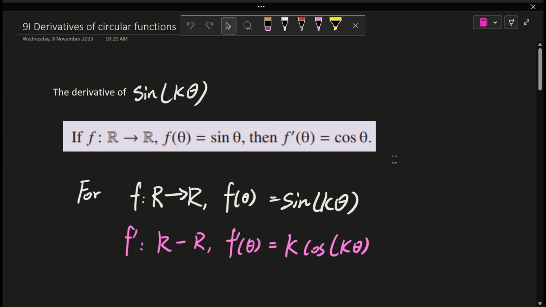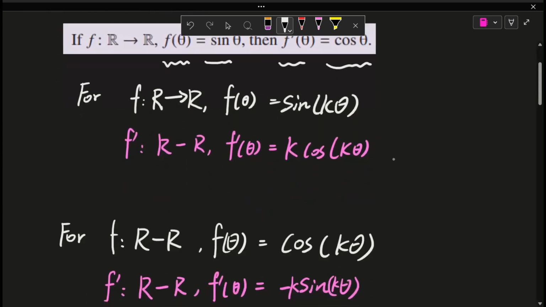Let's start with a very simple one. I want you to write down the rule: f of theta equals sine theta, so f dash of theta equals cosine theta. The derivative of sine is cosine. Once you have the numbers inside the brackets, which become k theta, you can leave the k outside the bracket and write cosine k theta.